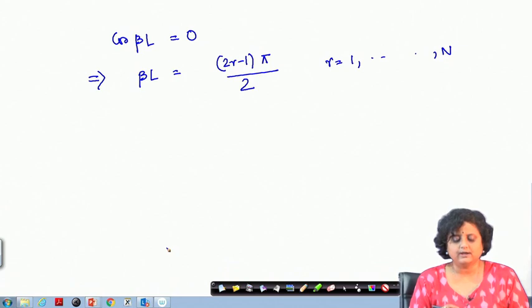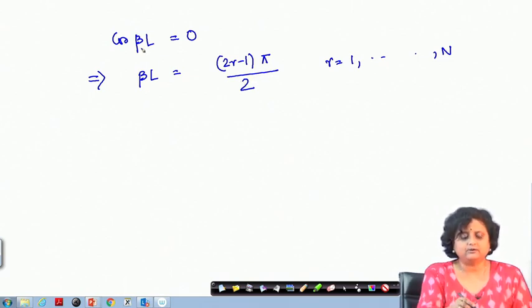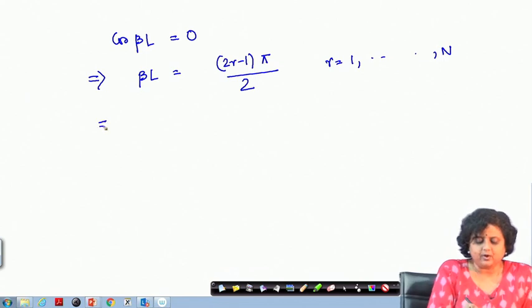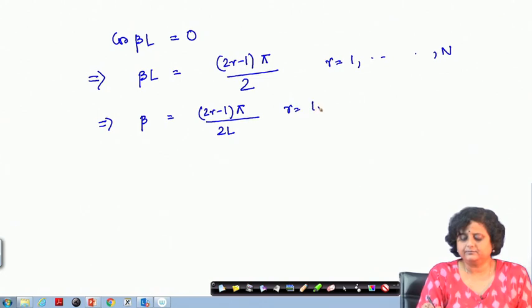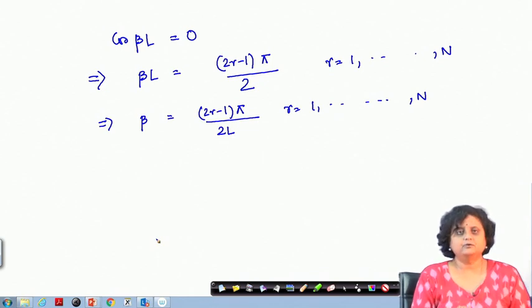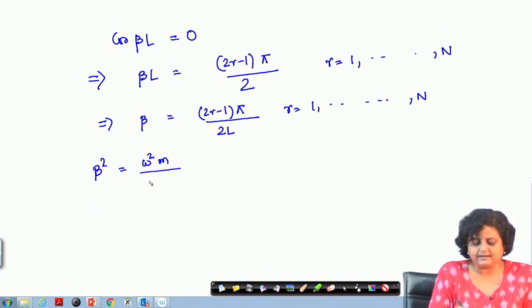It can go to infinite values of an integer. So, when beta L is an odd multiple of pi by 2, then cos beta L is going to be 0, or beta is going to be (2r minus 1) pi by 2L, where r is all possible integer values. Now, if this is the value of beta, we have seen that beta square is omega square m by E A. That is what beta is.